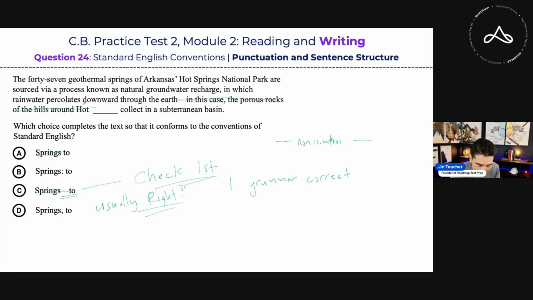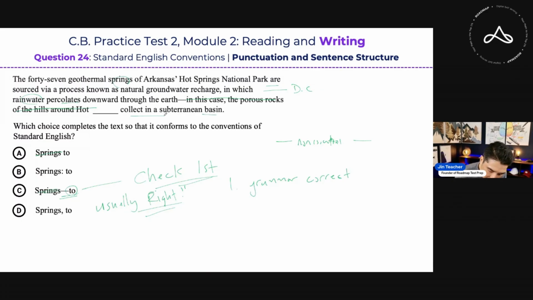So it says the springs are sourced via a process known as natural groundwater recharge. We're just looking at this dependent clause here, in which rainwater percolates downward through the earth to collect in a subterranean basin. Ooh, so rainwater percolates, or moves downward through the earth, to collect in a subterranean basin.